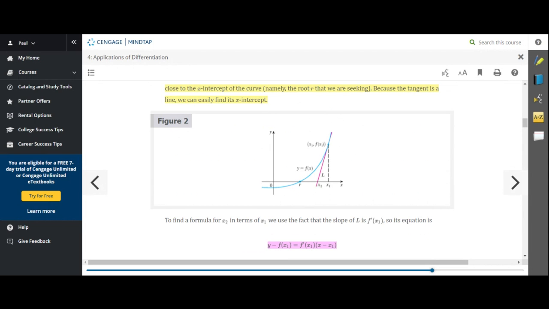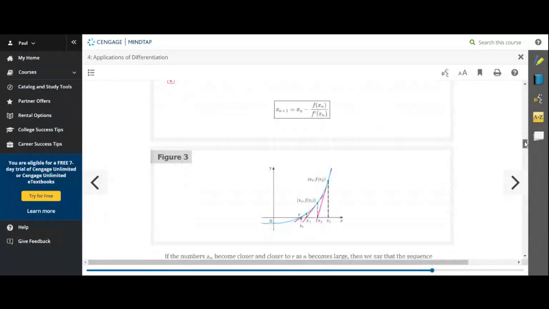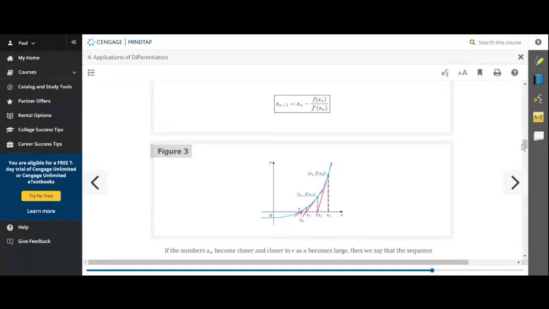Not yet. x2 is an approximation to the root r, but it's not a good approximation. Well, what if we were to repeat the same process and find the point on the curve whose coordinate is x2, and draw another tangent line down? Would that give us a value x3 that's closer to the root r? And the answer is yes. That's what they do in figure 3.